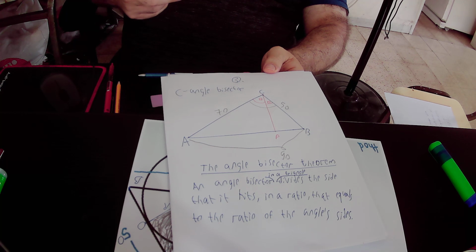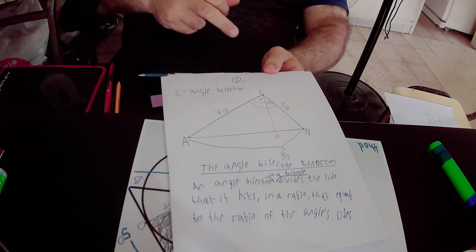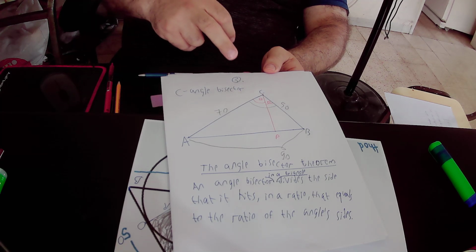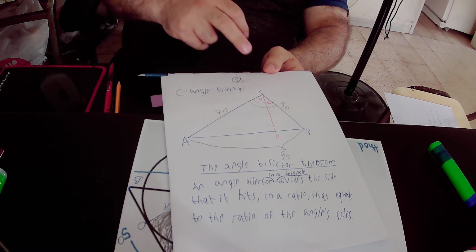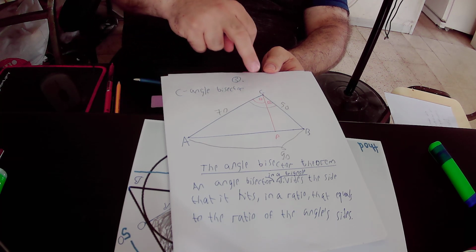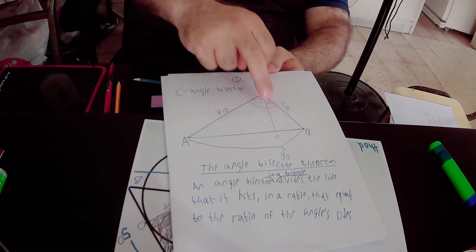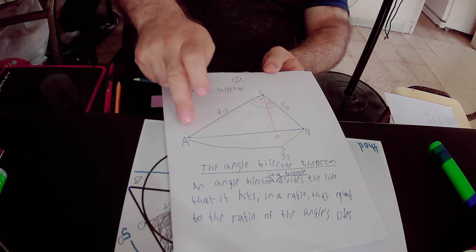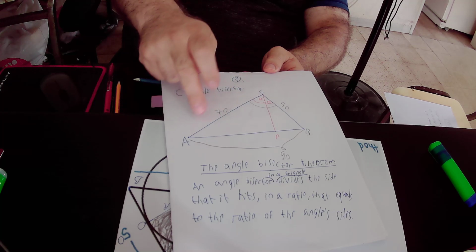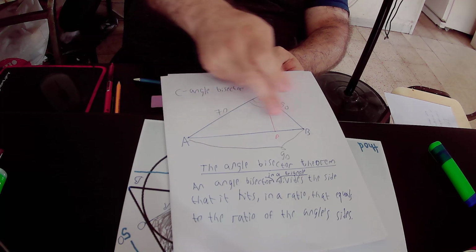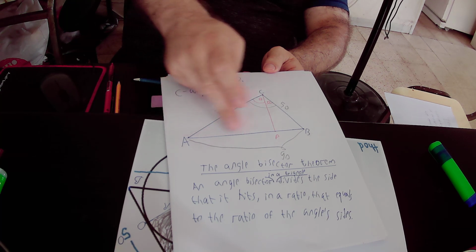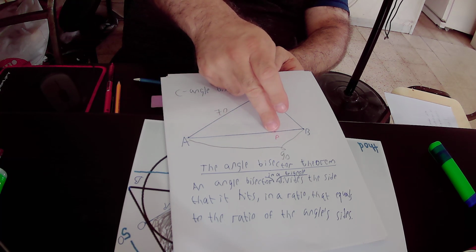and the theorem says that it divides that side in a ratio that equals to the ratio of the angle's sides. So actually angle bisector CP hits side AB, and it divides side AB into two parts, part AP and part PB.